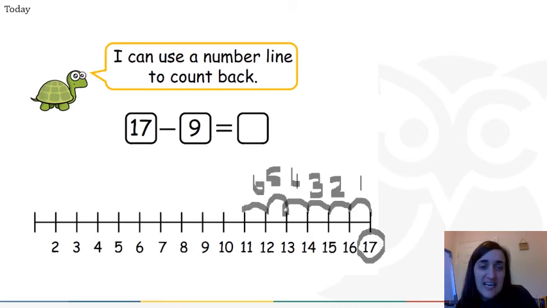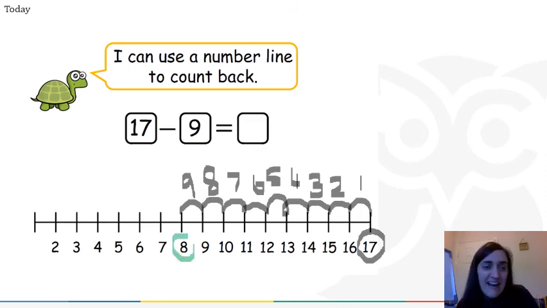Just 1 step at a time, 1 number backwards. 7. Oh, it's going so far back. 8. Oh, careful, super accurate counting. 9 jumps back. What number have I landed on? Did you get the same? 8. And the answer is, you've got it, 8.